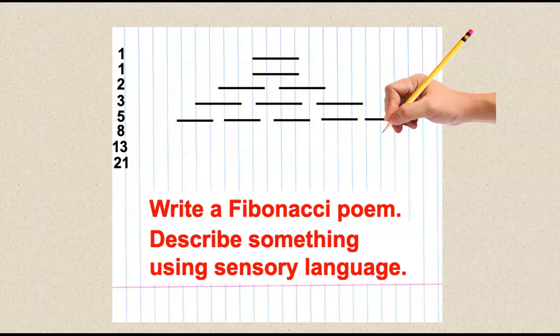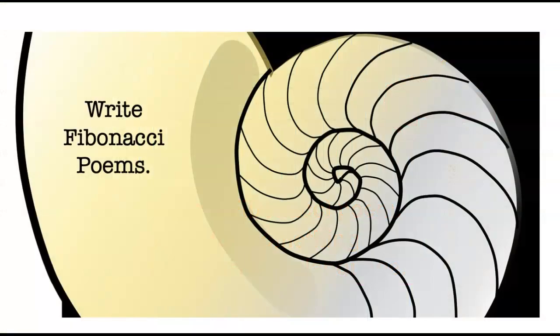Maybe you would like to describe someone you know or someone important to you. Or perhaps you would rather describe a memory or how you are feeling today. So you're going to write Fibonacci poems.